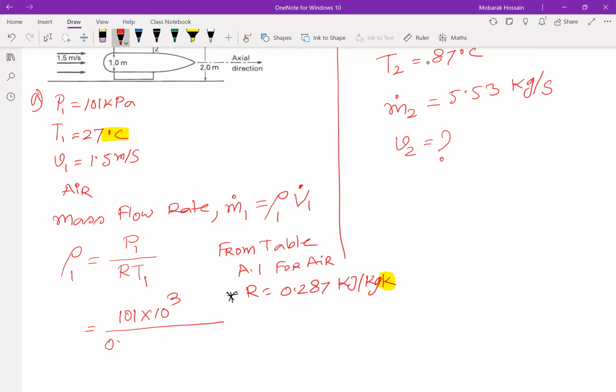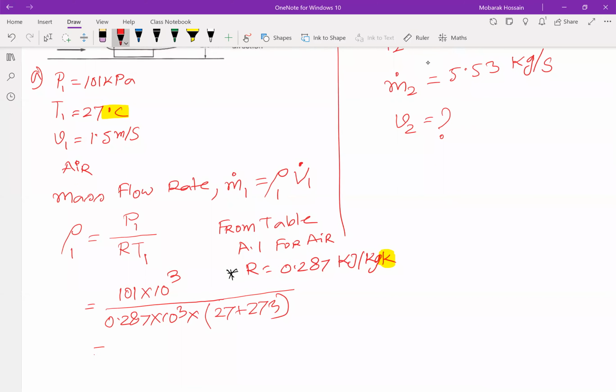R is 0.287 kilojoules, so 10 to the power 3. And T is 27 plus 273, converted to Kelvin. From here we get the density of air at location 1 as 1.17 kg per meter cube.